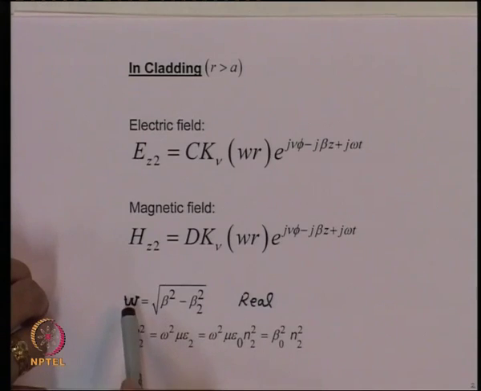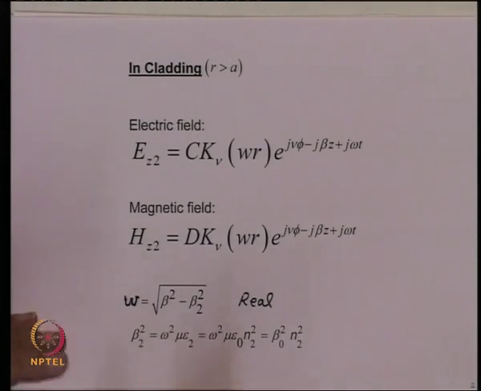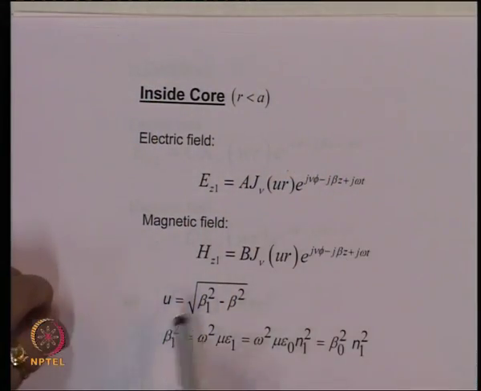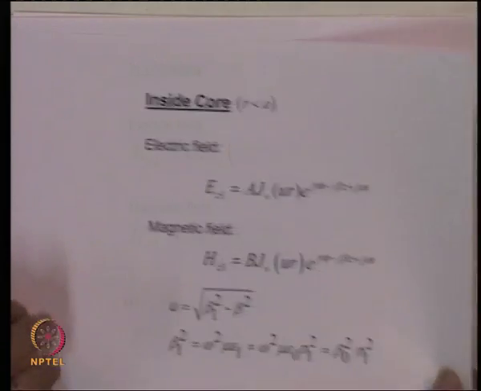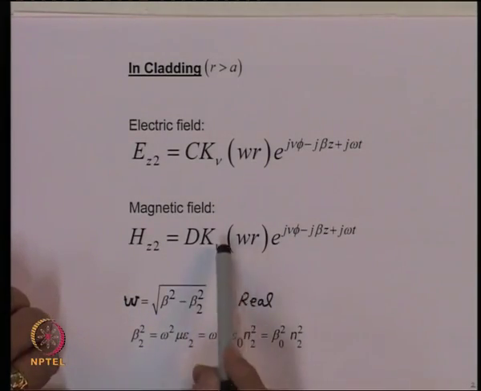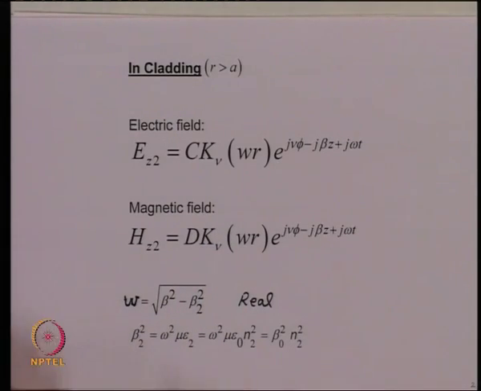We saw that u and w both have to be real for appropriate representation of the field. If u becomes imaginary, then the J function will not remain an oscillatory function, in fact it will become a modified Bessel function. Similarly, if w becomes imaginary, then the modified Bessel function will become a normal Bessel function, and they will not represent the fields appropriately.